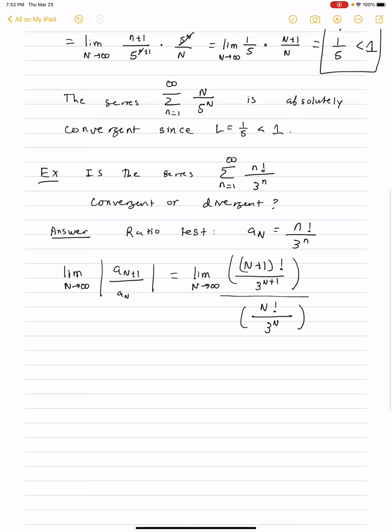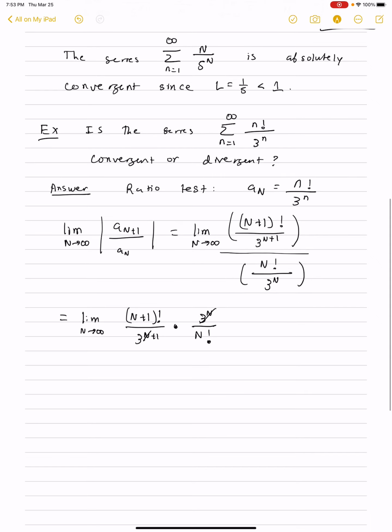So everything's positive, so I drop the absolute value. I'm going to get this limit as n goes to infinity of (n+1) factorial over 3^(n+1) multiplied by 3^n over n factorial. Okay, cancel the 3^n with that, and I'm left with this limit.